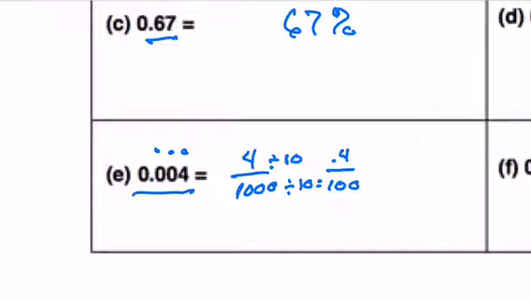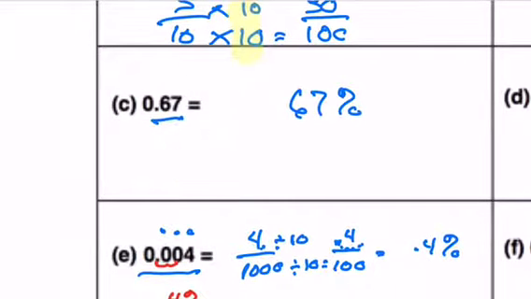You know, when you divide something by 10, it gets smaller by one place value. It's like the decimal went from behind the ones place to right there in front. So what the heck is that? Well, it's 0.4%. It's 0.4 over 100. Another way to think about this is you can just move the decimal over 2 places, right? And that gives us 0.4%.